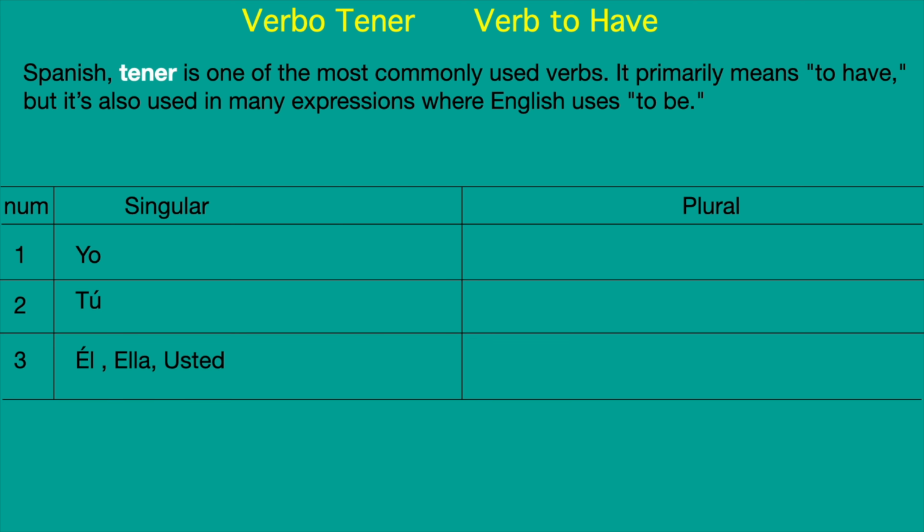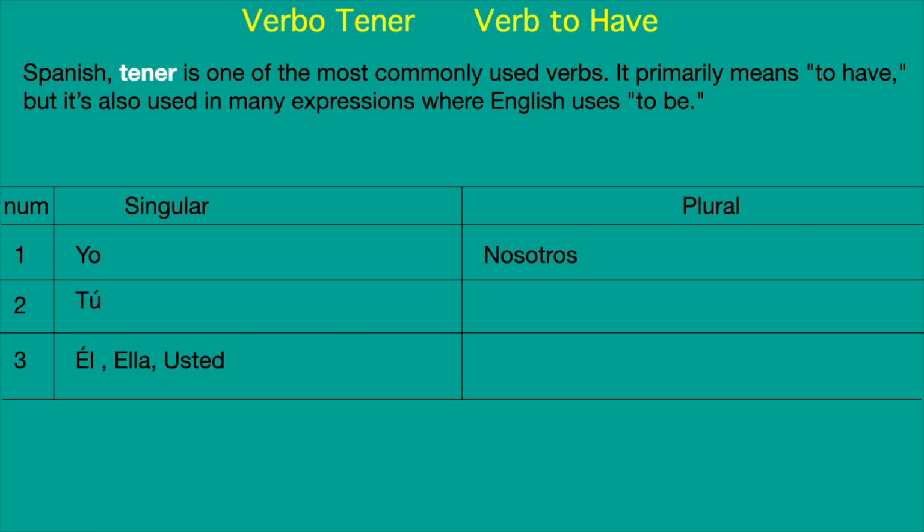Then we have he, she, and you: él, ella, usted. We have él for he, ella for she, and usted for you when it's polite, instead of tú, which you use for informal.